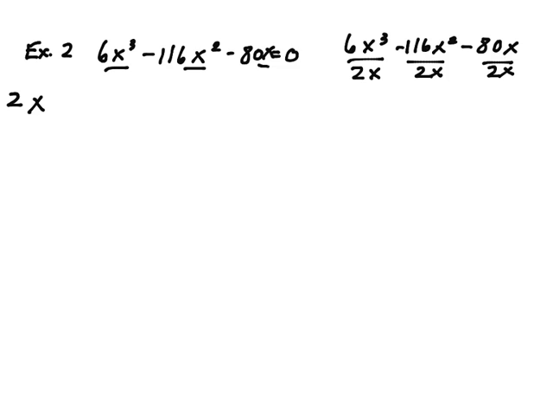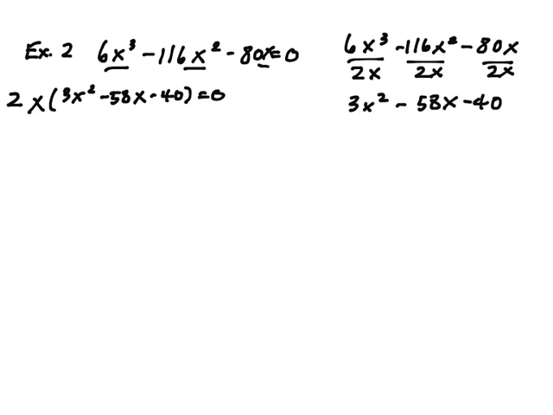Okay, so I end up with 3x squared minus 58x minus 40 equals 0.